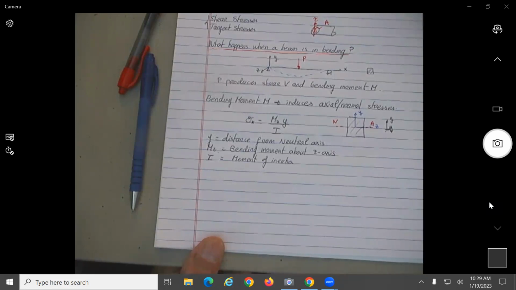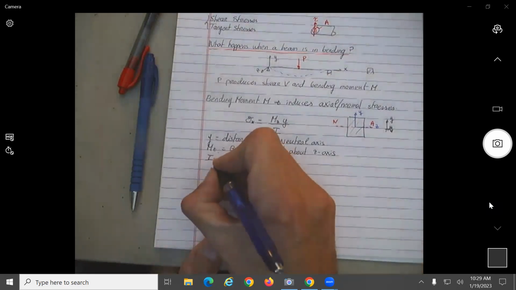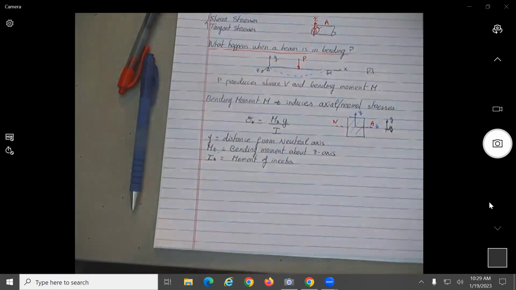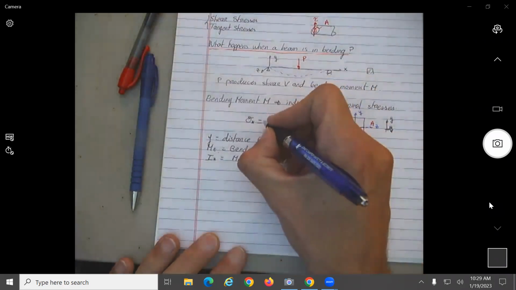Okay, so it's bending about the Z-axis, no? Okay, but I'll give you the three choices. So if we want to be detailed, this could be I sub Z. Okay, and here I'm not going to put a sign here.